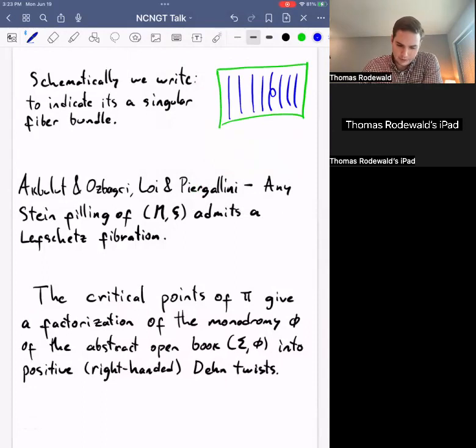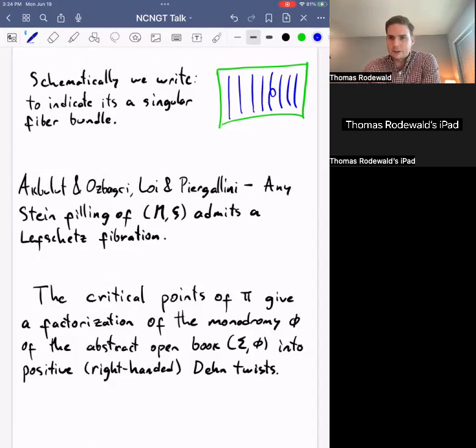Akbulut and Özbağcı, and then independently Loi and Piergallini, showed that any Stein filling of a contact structure admits a Lefschetz fibration. The critical points of the fibration pi give a factorization of the monodromy of the abstract open book into positive right-handed Dehn twists.